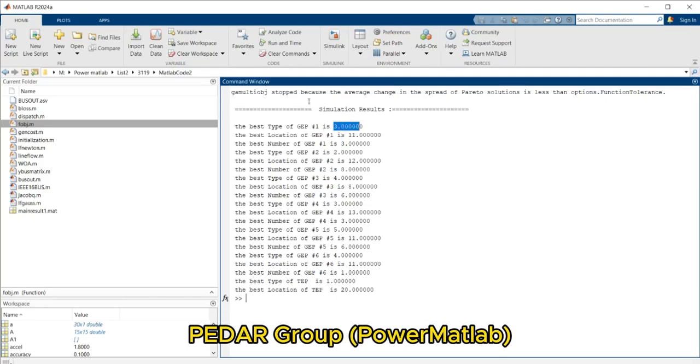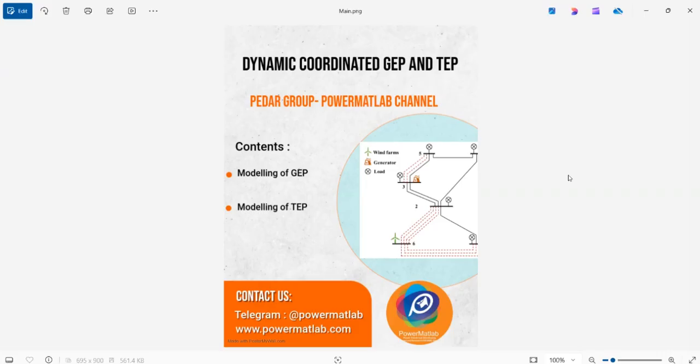Another scenario of GEP can be seen here. Also, the best type of TEP is scenario type of TEP number 1 at location line 20. Bye for now.